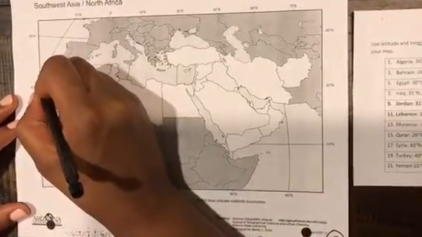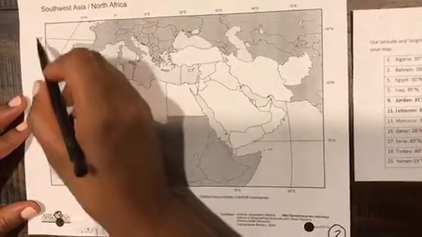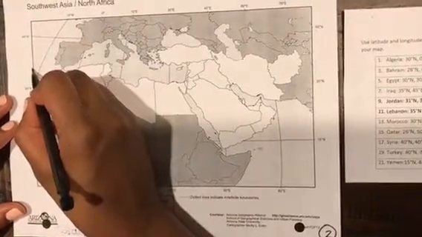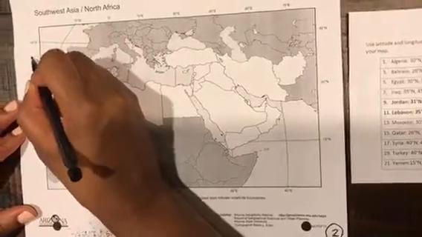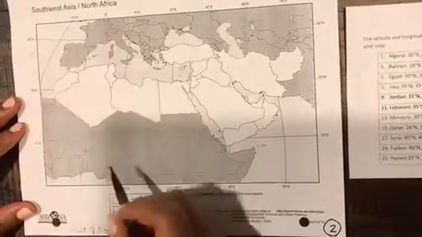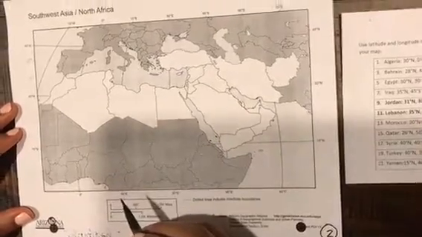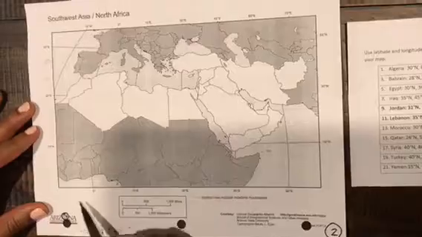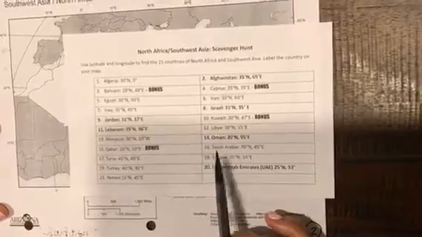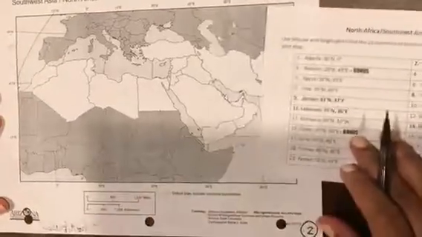So what we're going to do is, if this is 30 and this is 45, we can kind of estimate that 35 would be here and then 40 degrees north would be there. Okay, we're going to do this all the way around the perimeter of our map so that when it's time to map these 21 countries using absolute location, it's going to be a little easier for us.